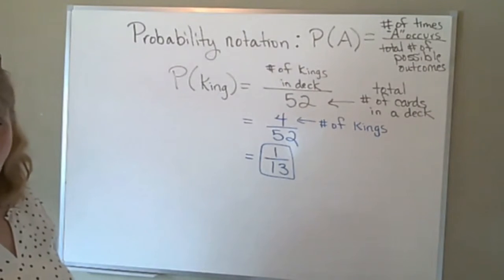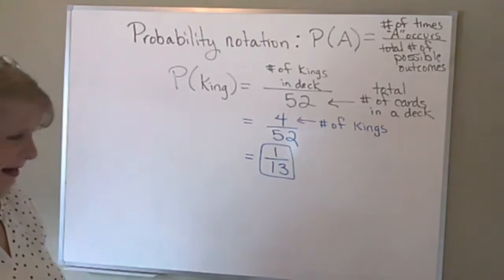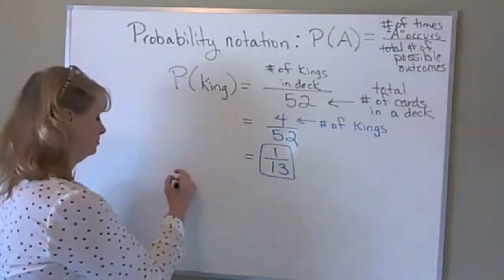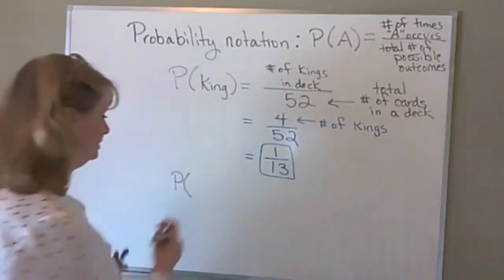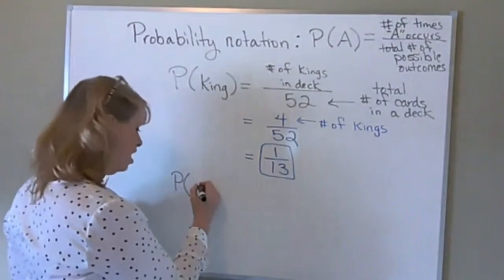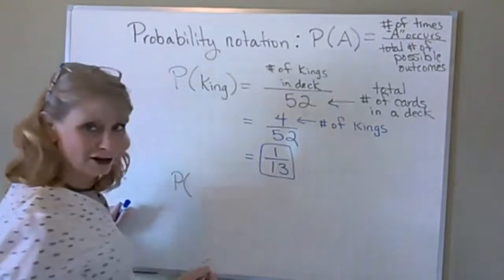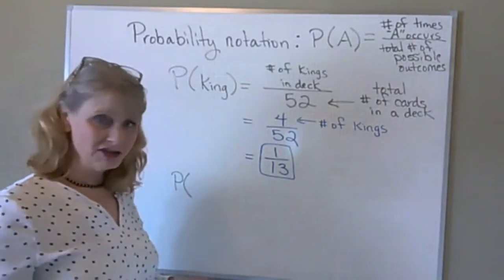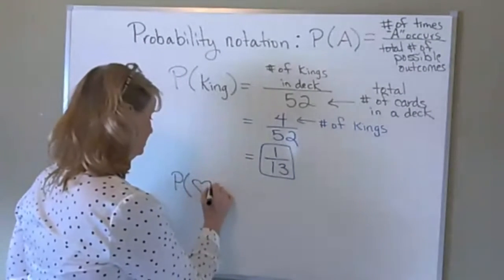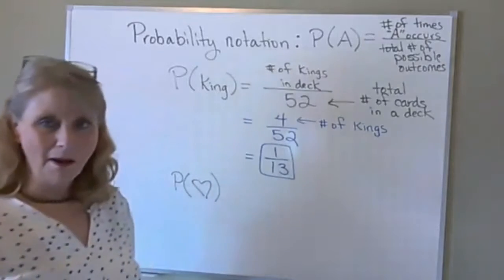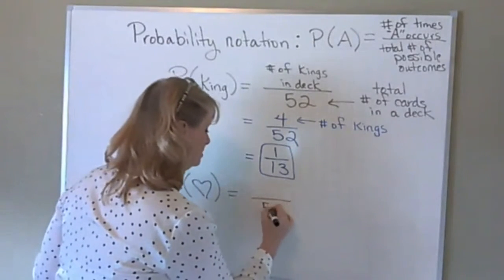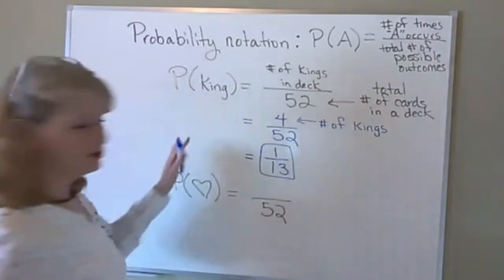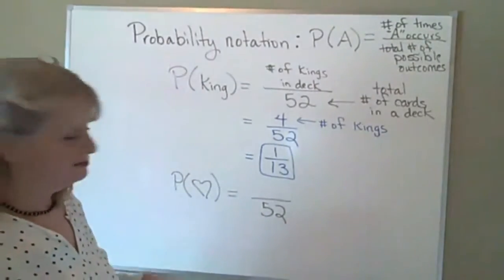Let's do one more before we go on to what we're going to talk about today. So what if I said, what's the probability of drawing a heart? I could write the word heart, or sometimes we just use abbreviations, so I'm just going to put a heart symbol. We know the bottom number is 52 because we're still drawing a card from a deck of cards.